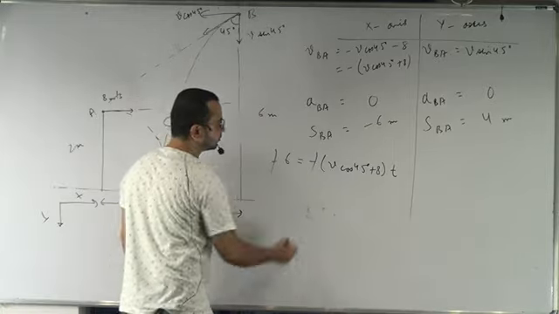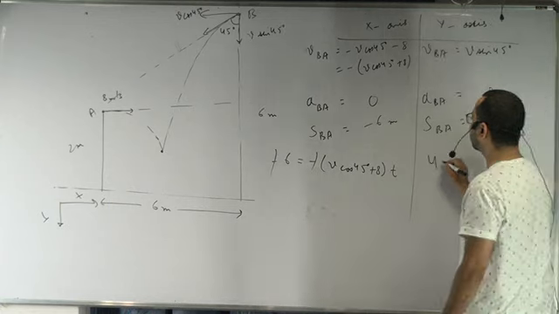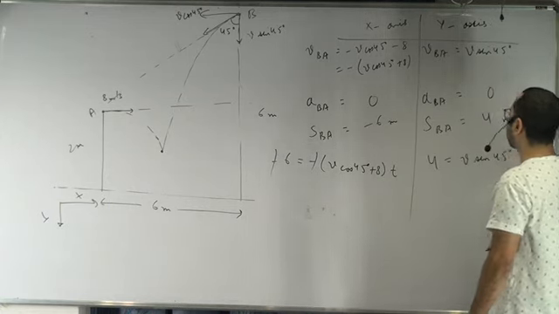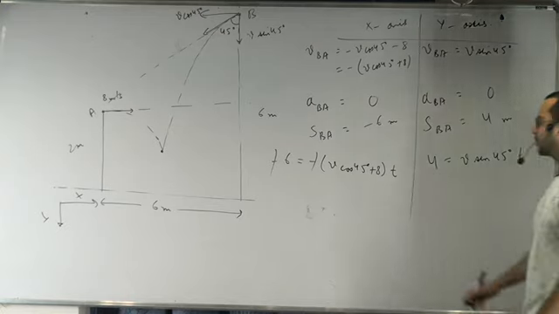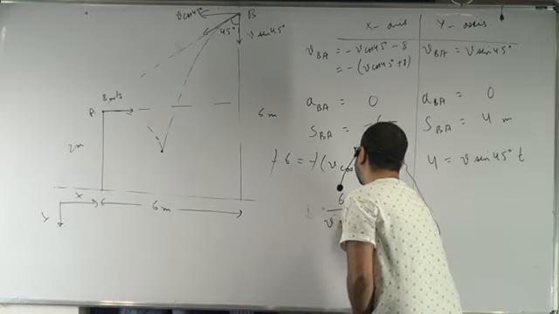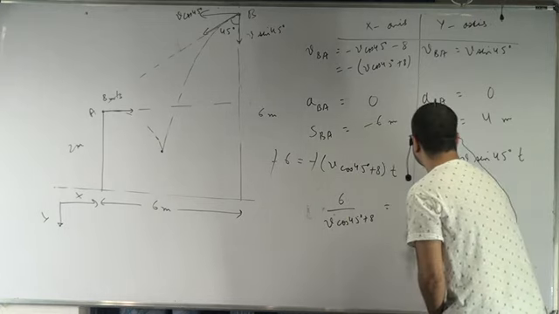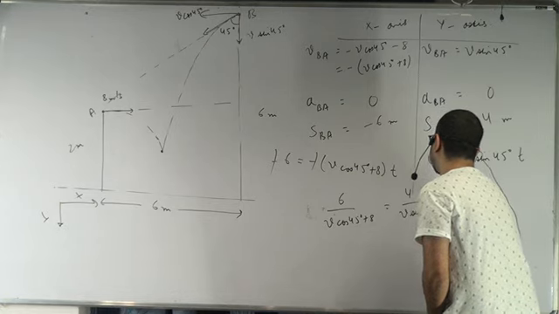That is equation number 1. And for this direction, what will we write? Displacement is equal to velocity multiplied by t. Exactly. So this becomes 6 upon v cos 45 degree plus 8 is equal to how much? 4 upon v sin 45 degree.